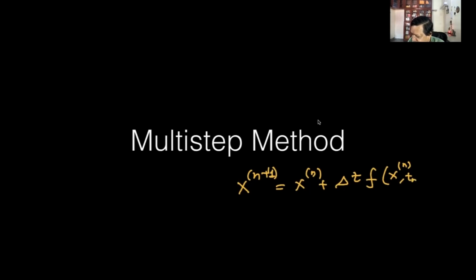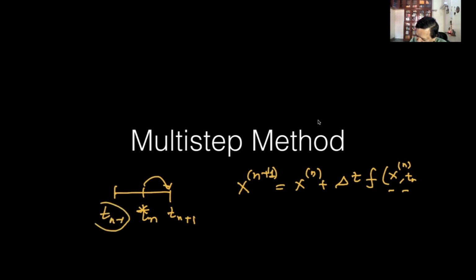In Euler backward scheme, it was x_{n+1}, ahead. We are not using something in the past. You go to t_{n+1}, but you are not using any value of the past, like t_{n-1} or t_{n-2}. So this is a single step method. You use t_n to get to t_{n+1}.